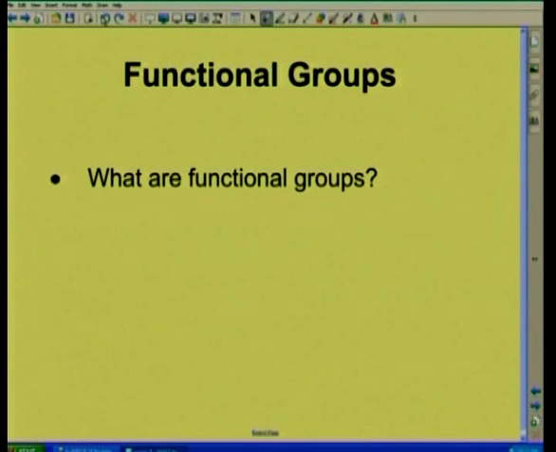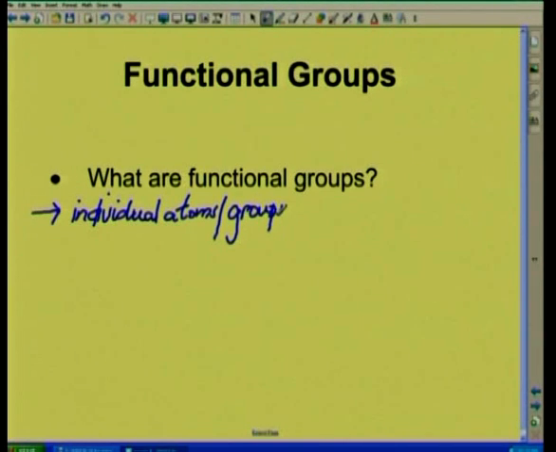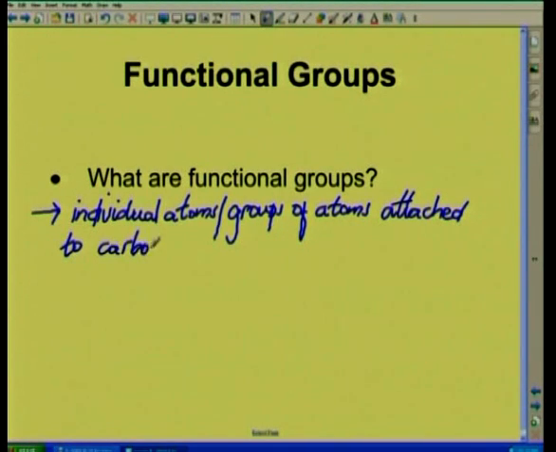Now, it is time for us to try and answer, what do we mean by a functional group? Functional groups are individual atoms, or groups of atoms. These are attached to carbon chains. So remember the carbon chains we spoke about for organic molecules.